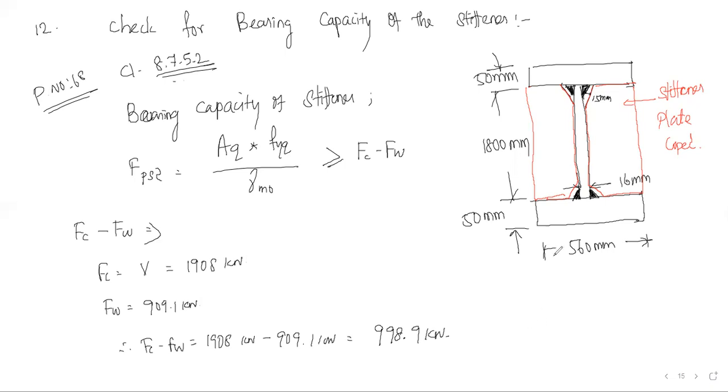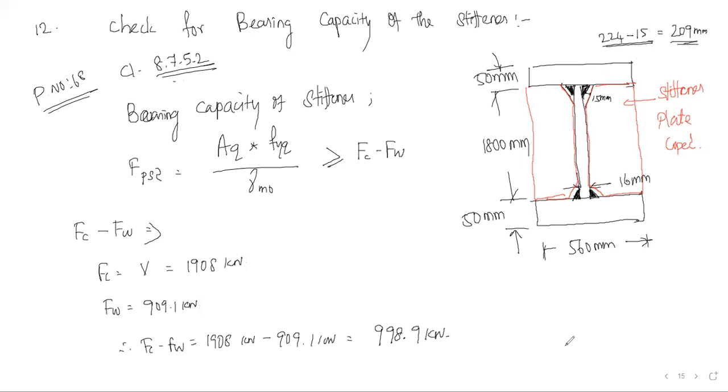So my total width, instead of 224 mm I chose already, this 224 mm minus this 15, I have to deduct. So it becomes nearly 209 mm. So this is the width of bearing in the edge.